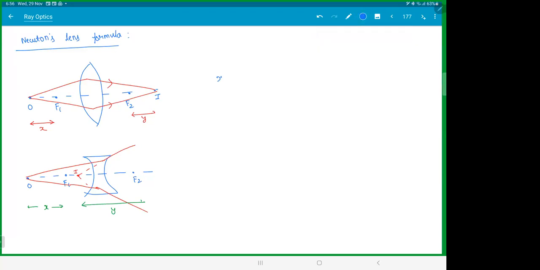So what this thing says is x into y is equal to f square. X is the distance of the object from first focus. Meaning whichever side the light is incident, that is f1, the side of the incident rays.